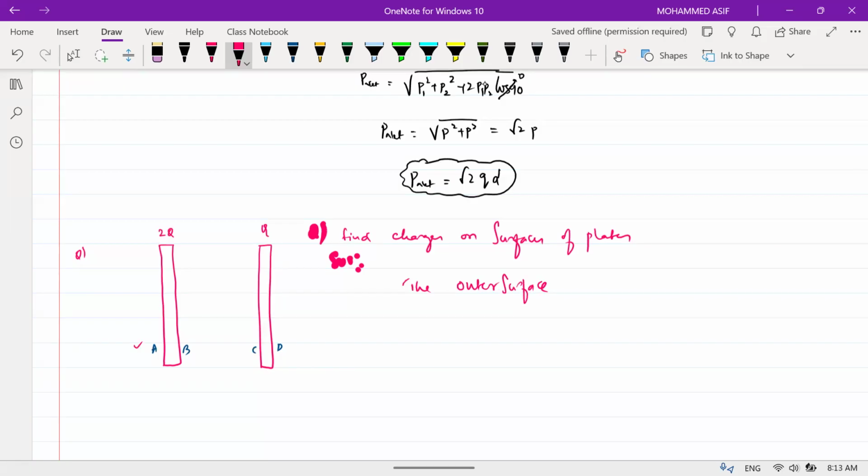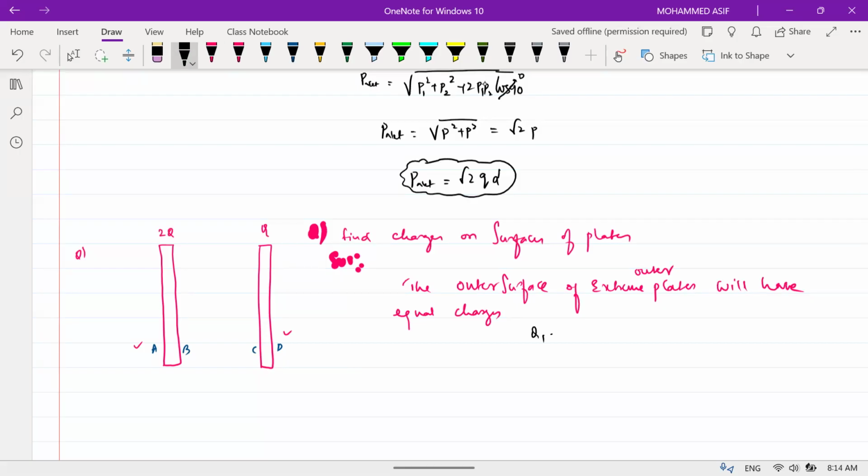What are the outer surfaces here? A and D will always have the same charge, beta.